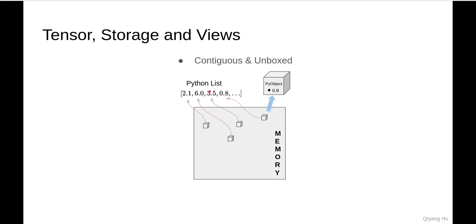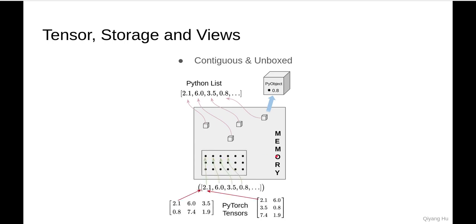It will not be a problem for a small number of stored values, but if we want to allocate millions of such numbers, things will get very inefficient. In contrast, a PyTorch tensor or NumPy array arranges its numbers over a contiguous memory space.